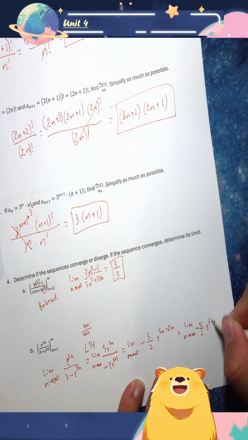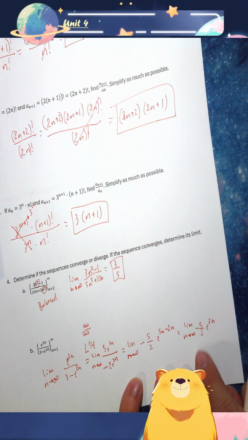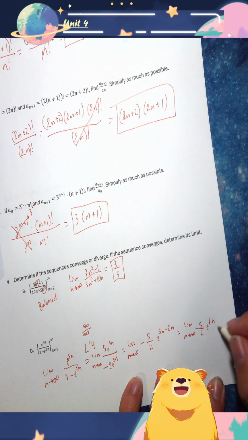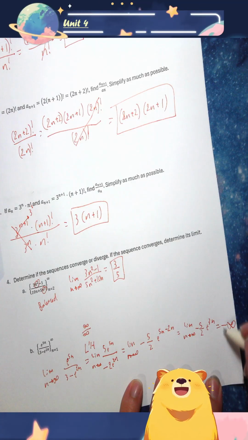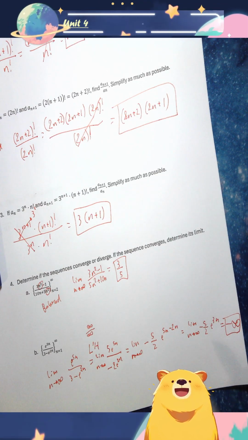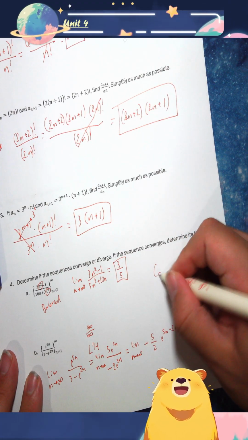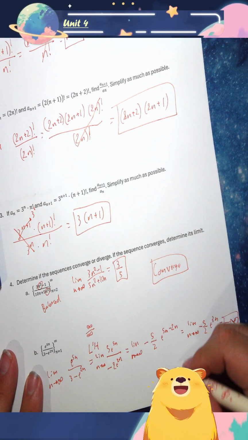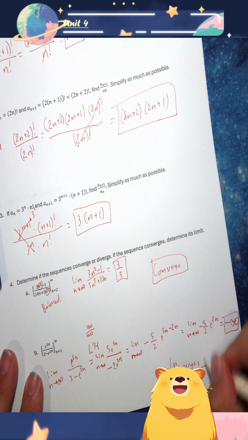We know this term is going towards infinity, but the negative flips it and makes it go towards negative infinity. With these two limits, we need to answer whether each converges or diverges. The top one converges because it goes towards a number. The bottom one diverges because it goes towards negative infinity.